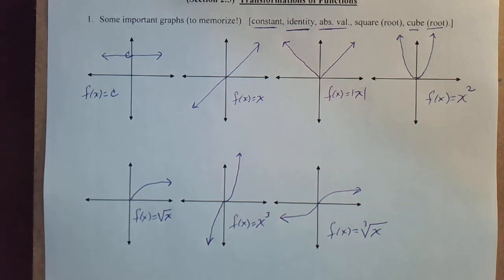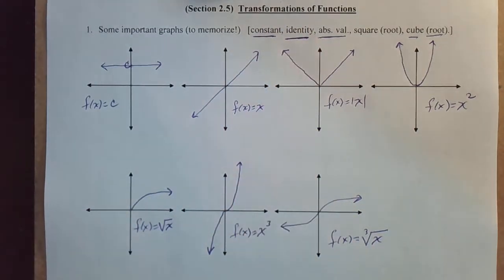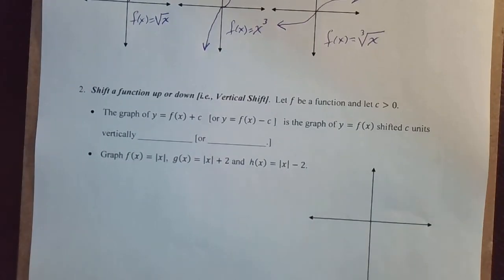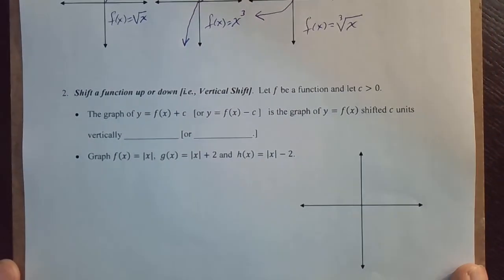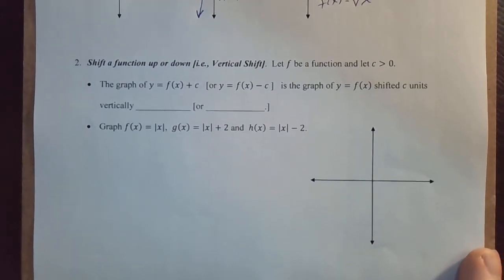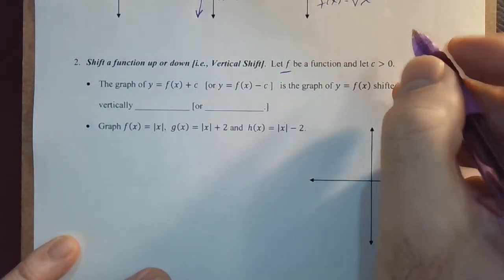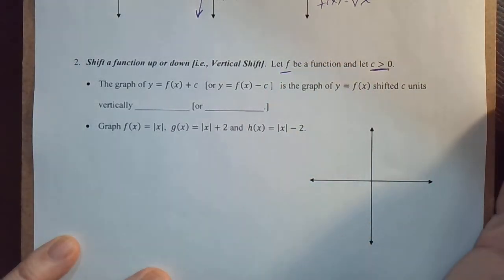Okay, so let's learn about our first transformation of functions. One of the things you can do is shift the function up or down, called a vertical shift. Let's say f is a function, and let c be some positive number.